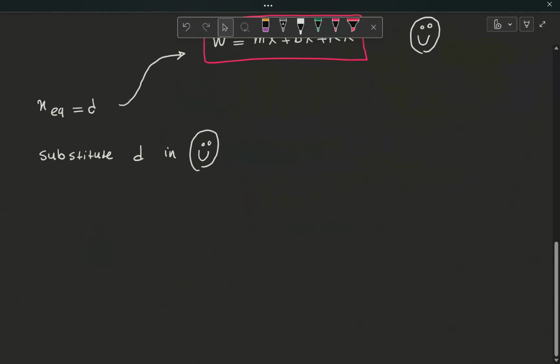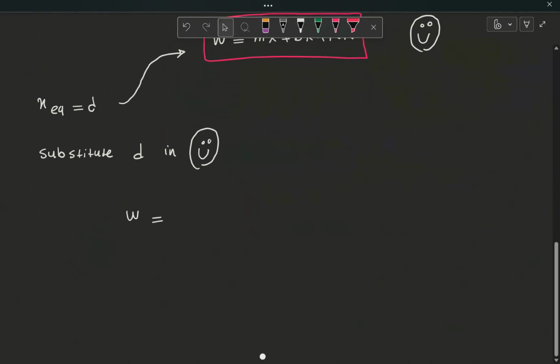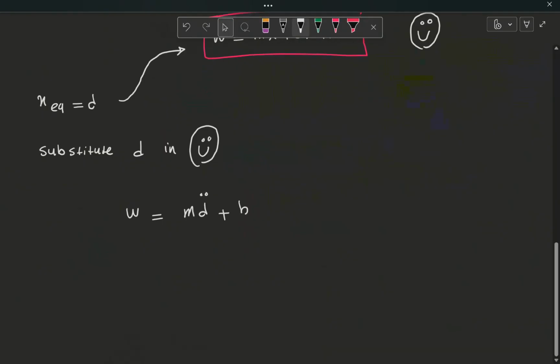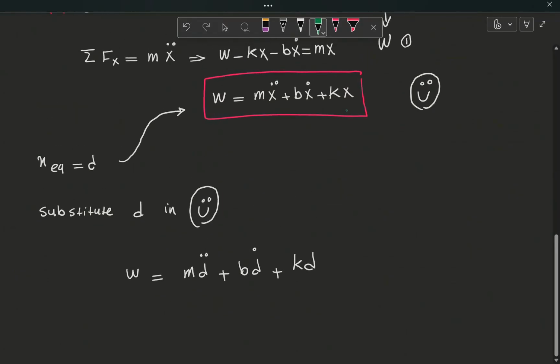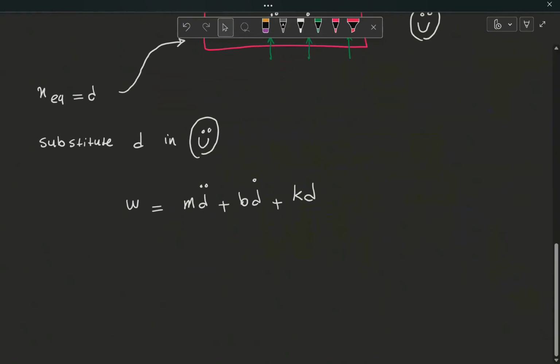You will get W equals to M d double dot plus B d dot plus K d. The only thing that I did was substitute x dot and x double dot with d dot and d double dot. Okay?